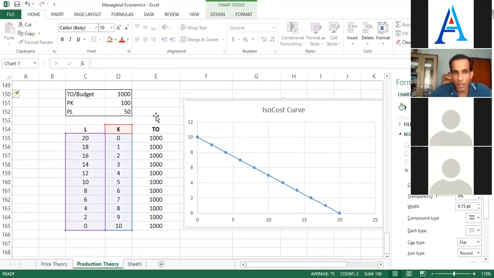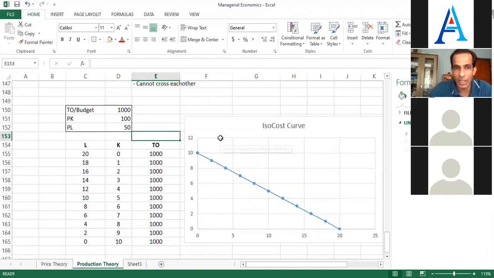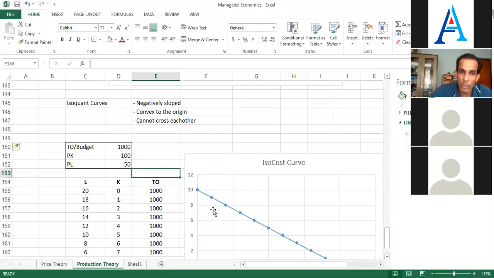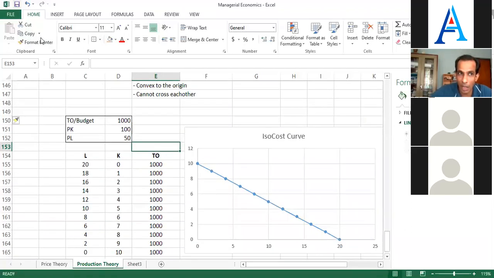Now, when we have isoquant curves and iso-cost curves, in order to identify the maximum production the firm can reach, what we need to do is draw the isoquant curve and the iso-cost curve in the same graph. When you draw this in the same graph, then we can see, right?